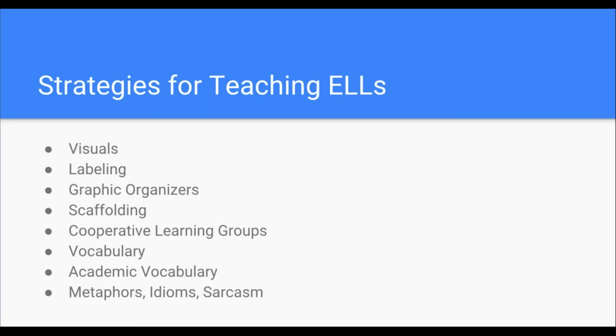Same thing with labeling. With English language learner students, we have our classrooms labeled, everything is labeled. Talk about graphic organizers, that's a teacher's best friend. Scaffolding, working in groups, and then the different types of vocabulary, and then language itself. There are some tricky language things that we need to be careful with.